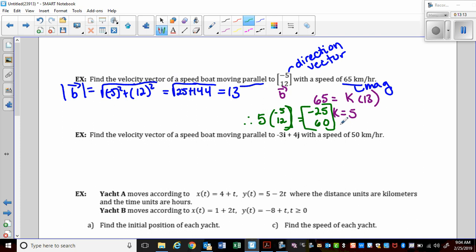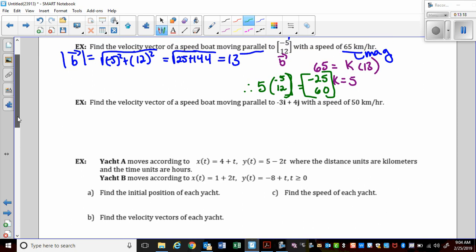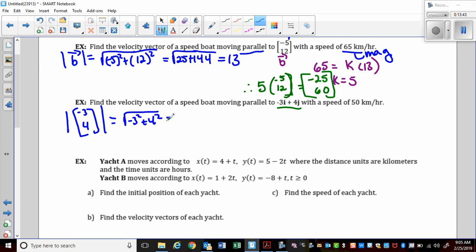That's it. Circle it. Find the velocity vector of a speedboat moving parallel to this with a speed of 50 kilometers per hour. So we're going to do pretty much the same thing. They just put it in a different form. So I know the magnitude of -3, 4 equals the square root of -3 squared plus 4 squared, which is 9 plus 16, which we know is 25.